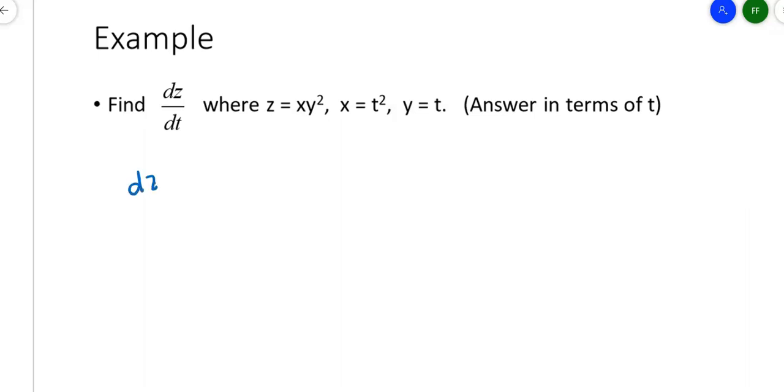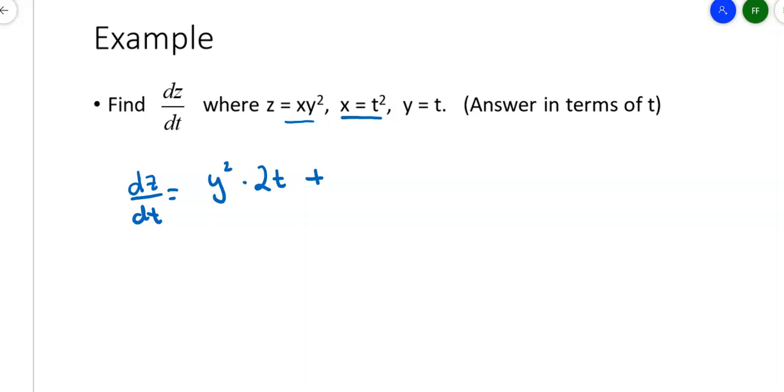So dz dt is going to be the partial derivative of z with respect to x. So if I derive z equals xy squared with respect to x, then I'm just left with y squared, right? I'm taking it as a constant, times the derivative of x with respect to t. So now if I derive x with respect to t, good old power rule, 2 comes in front, power drops by 1. So partial z with respect to x, derivative of x with respect to t, plus the partial z with respect to y.